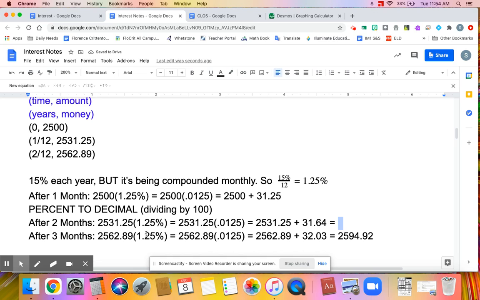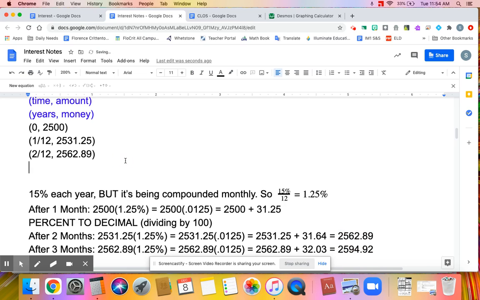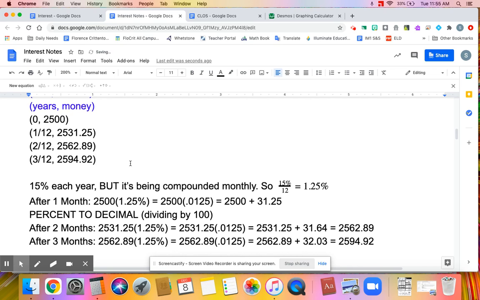Here I forgot to write this answer, the answer we got after month 2, after the equal sign. So it's a little more money. So after 3 of the 12 months in the year, I have that much money. I'm not even at a year, and this is taking forever.